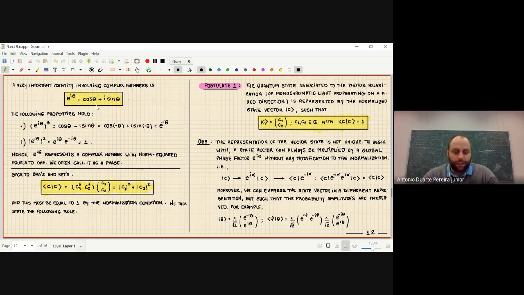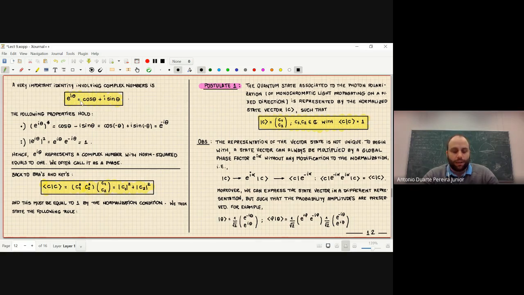This is a complex number, so if you take cosine as a and sine as b, you're saying that if you have a complex number that can be written in this form, as the cosine of an angle plus i times the sine of an angle, this is nothing but the exponential of i theta.